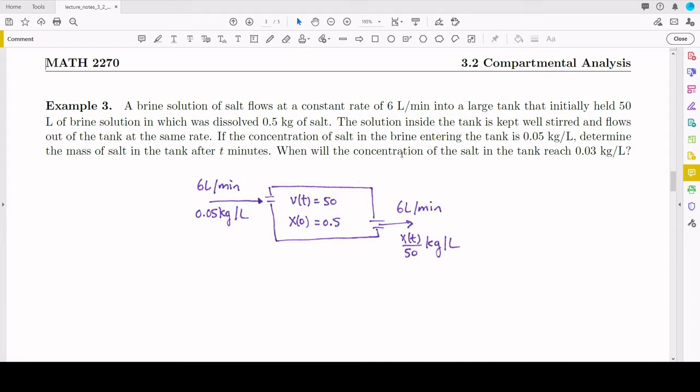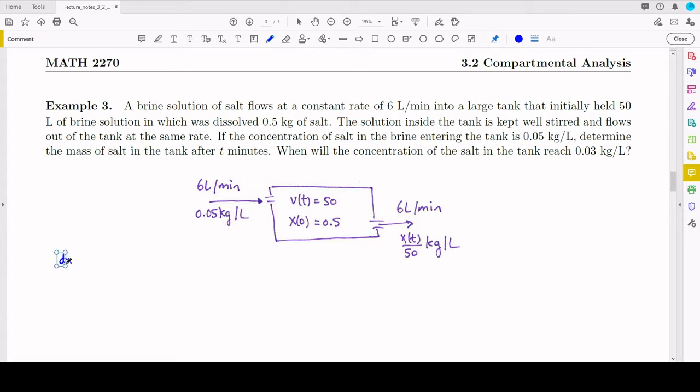And then what is the concentration of the solution that's leaving the tank? Well, concentration is amount over volume. So amount is x of t, and then we divide that by 50. I'm going to do this a little bit faster than the other ones because we've already done two of these examples.